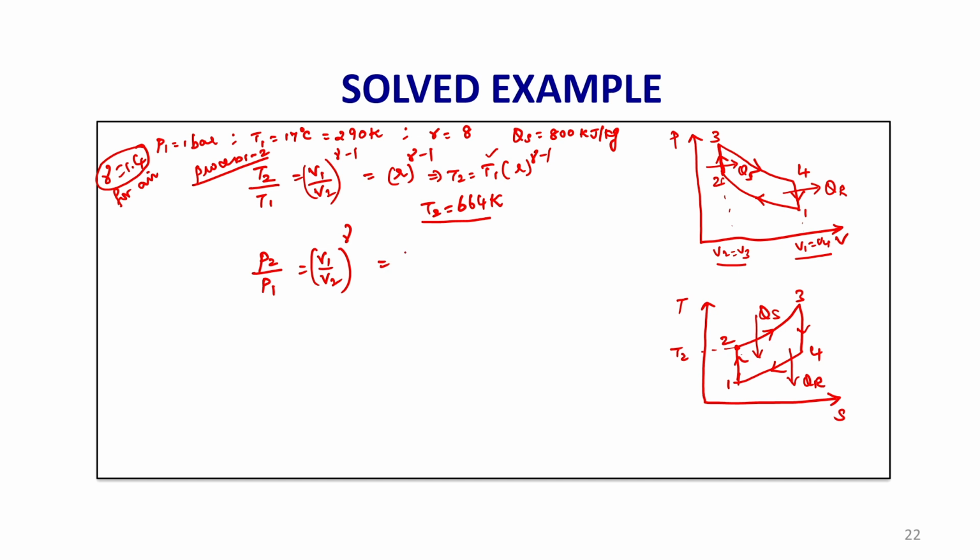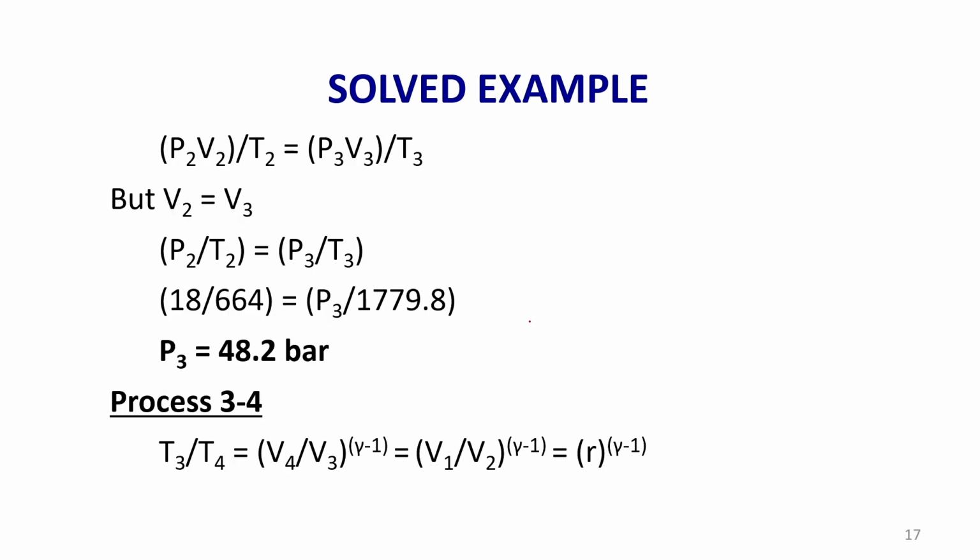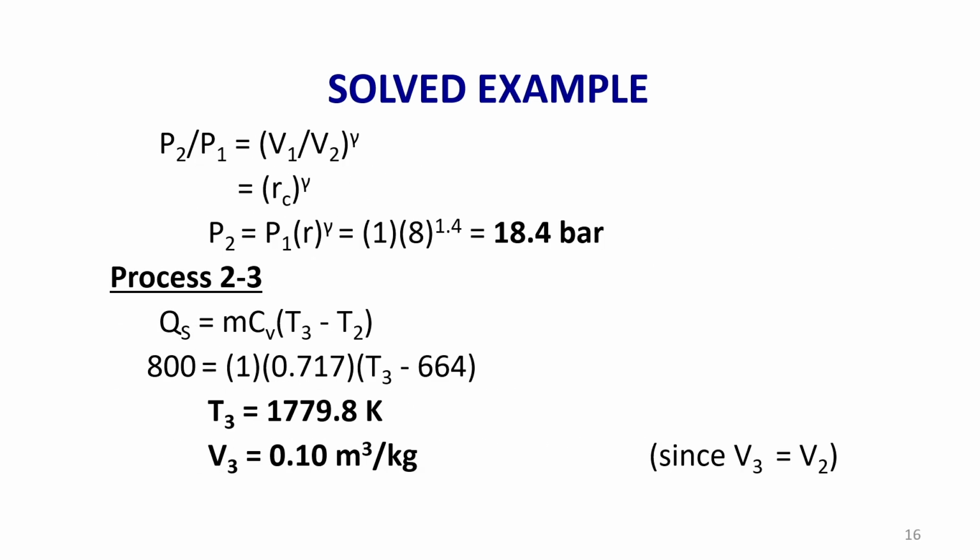Again V1 by V2 is the compression ratio r. So, this is r power gamma. So, using this relation we can find P2. P2 is equal to P1 into r power gamma. Therefore, P2 is equal to 18.4 bar.